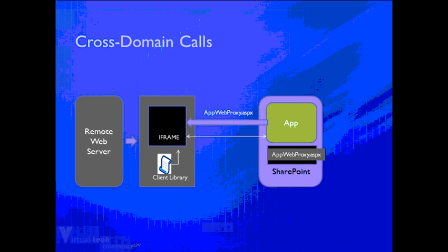On top of that, this is how it works in the underlying framework. On the app management framework side, for every app web, it has an appproxy.aspx, and that takes care of the underlying marshalling of all the calls wrapped inside an iframe, which safely makes these different-domain handshakes possible.